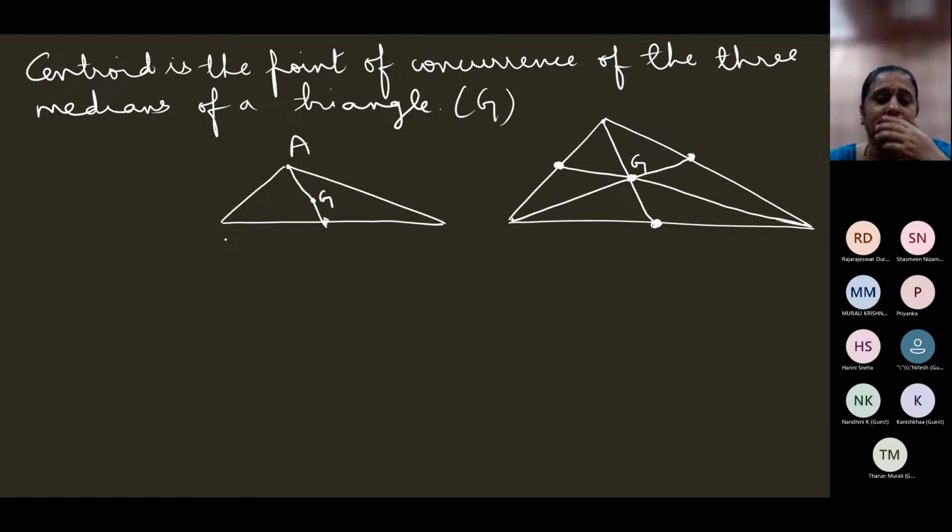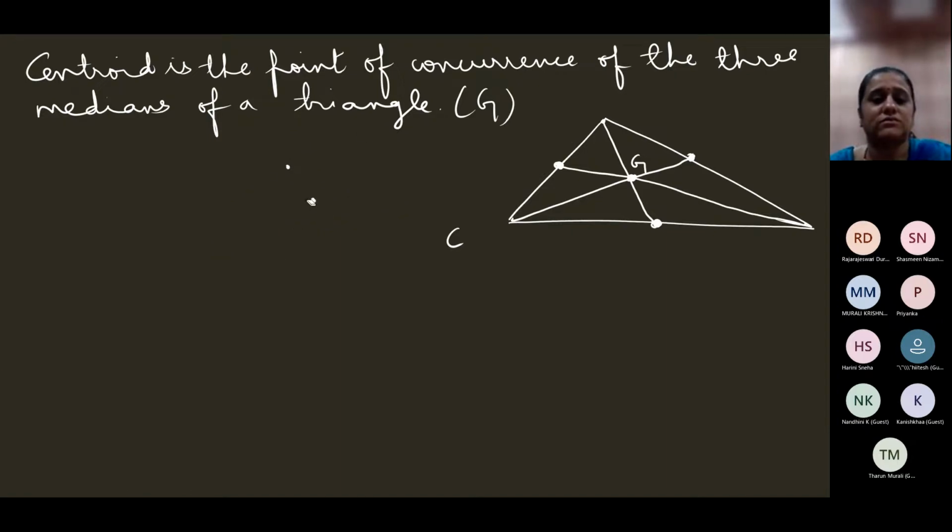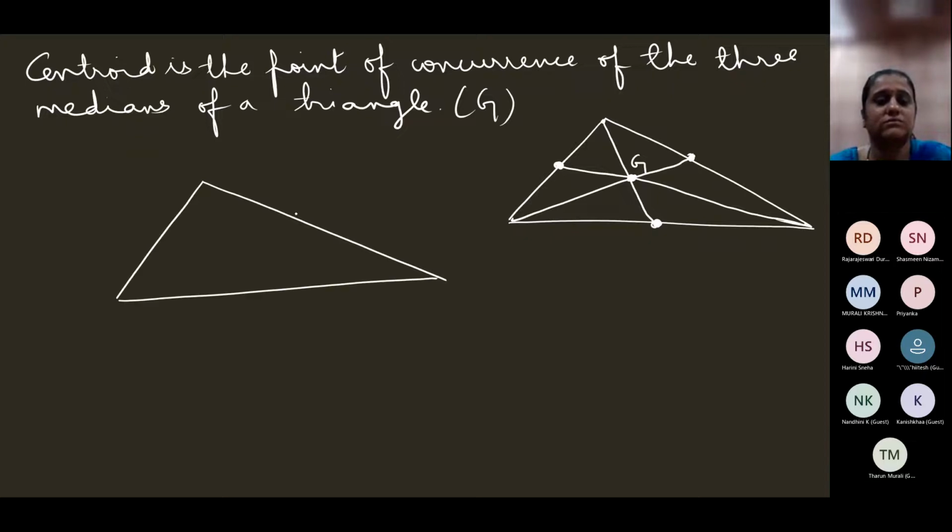Now, if I call this triangle ABC, let me take a bigger figure. Triangle ABC, and AD is the median from A on BC. So that means D is the midpoint of BC.